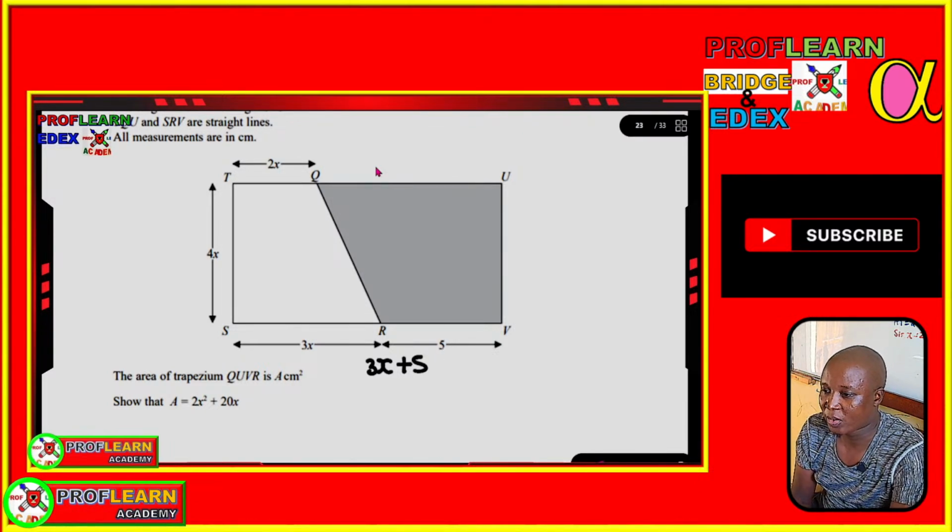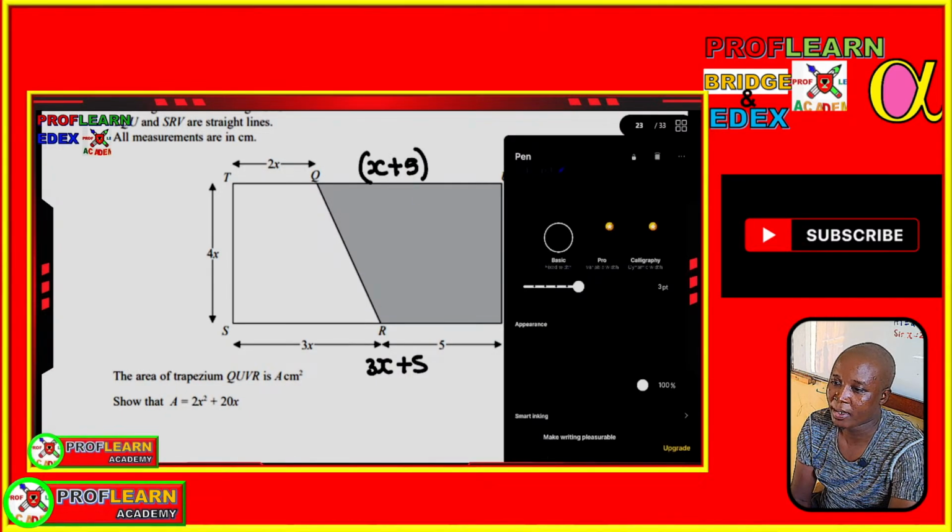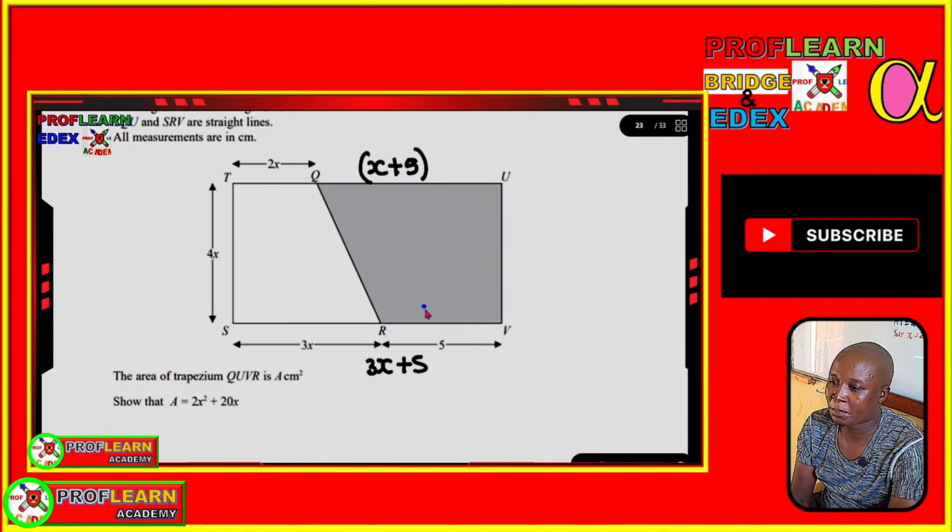So the first thing that we need to identify is that from S to V is 3x plus 5. Then Q to U is going to be what? Q to U is going to be x plus 5, because it will be 3x plus 5 minus 2x. So that's going to be x plus 5. That is Q to U. And this part here is 5.